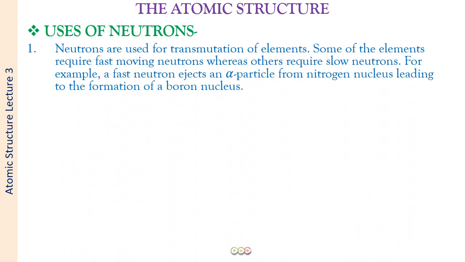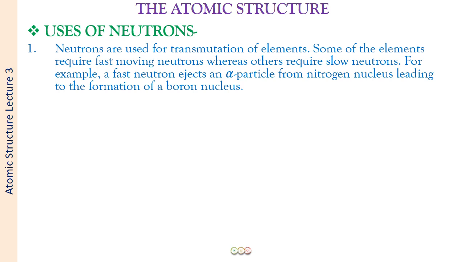So next we have the uses of neutrons. The first being that the neutrons are used for the transmutation of elements. If you remember the course Some Basic Concepts of Chemistry, wherein we discussed nuclear reactions under the heading types of reactions, the basic feature of nuclear reactions is that the identity of the elements is lost. One type of element gets converted into another type of element.